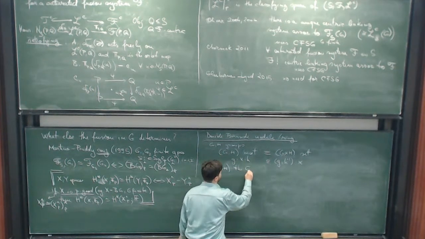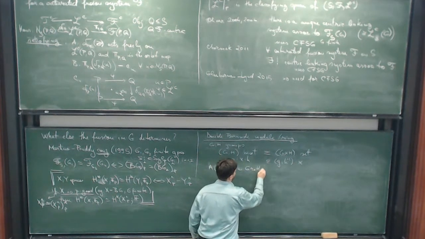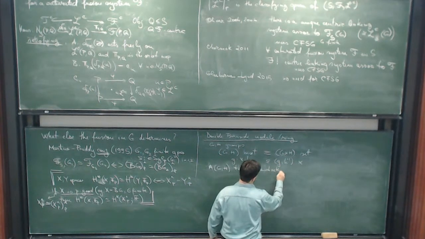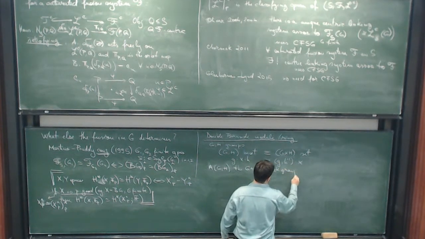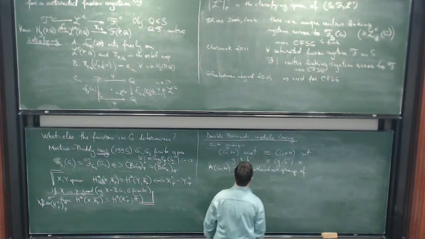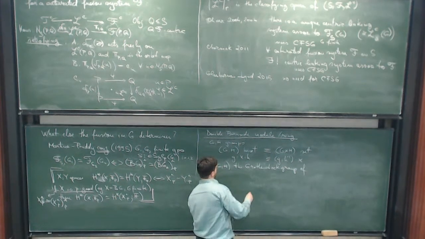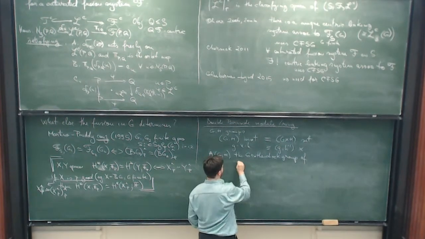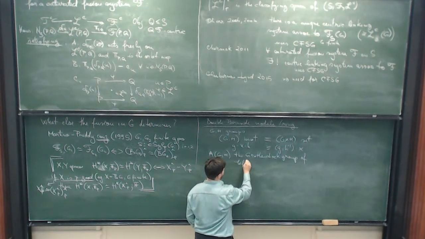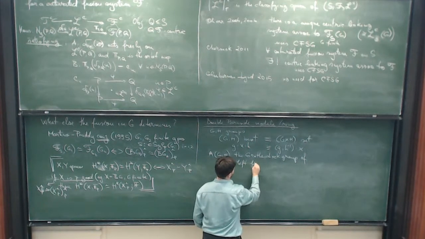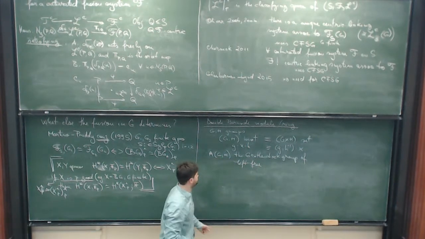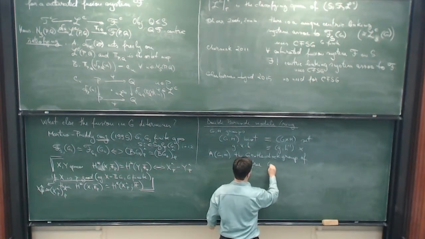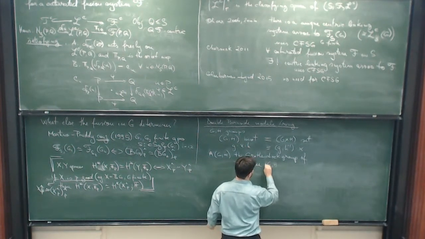And so A(GH) would be the Grothendieck group of, we'll take it the topologist way, left free GH bisets.